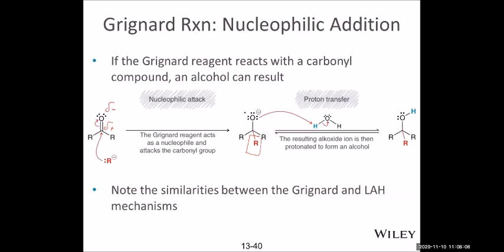And at this point, once you form this alkoxide ion, it can be easily protonated by water as a post-processing step, and it gives us alcohol. And so you can see the reaction mechanism is very, very similar between the Grignard and the hydride reduction on the carbonyl compounds.